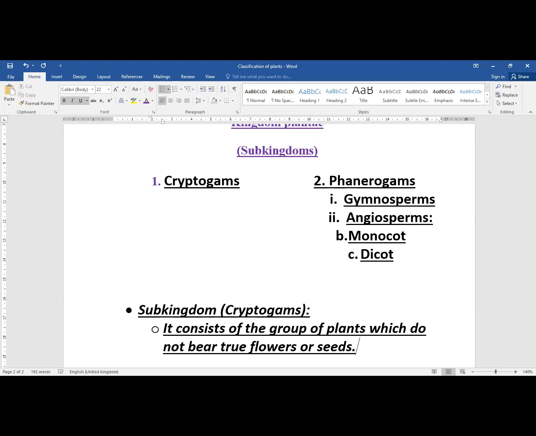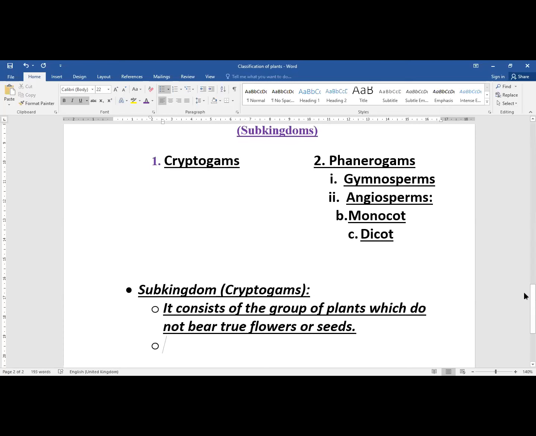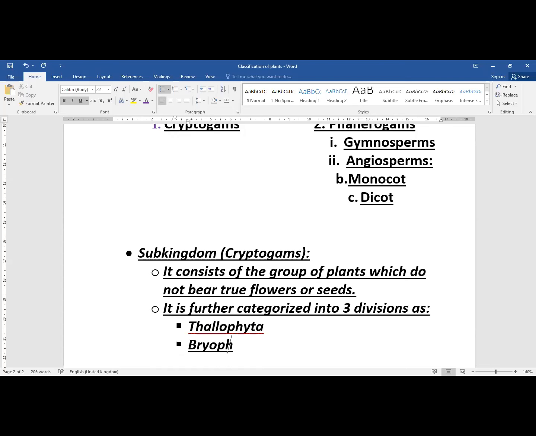Okay, the subkingdom cryptogam consists of the group of plants which do not bear true flowers or seeds, and it is categorized further into three divisions: first one Thallophyta, next one Bryophyta, and last one Pteridophyta.